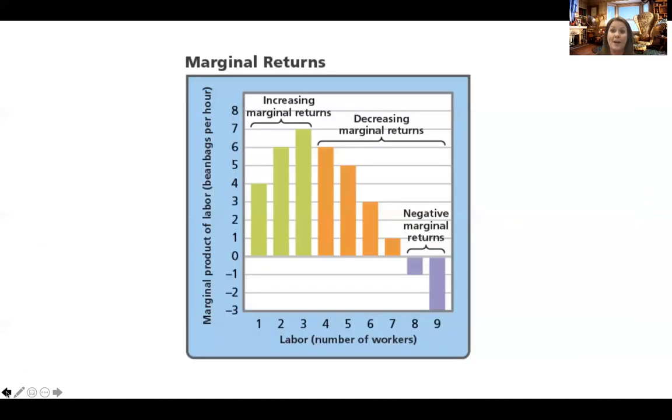Oops, I forgot. We're using the same chart for the next question. Now, let's go to the 8th worker. So when I hire worker number 8, what is the employer going to do after hiring number 8 and seeing a negative return?